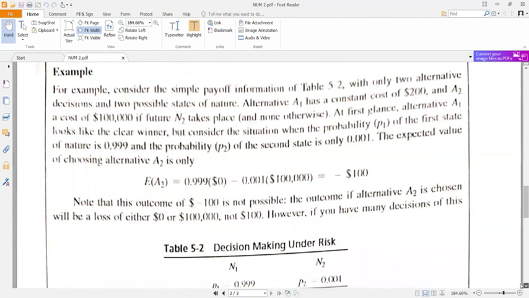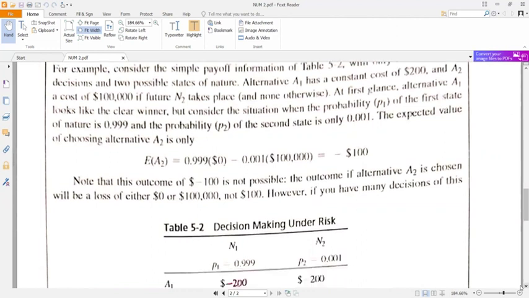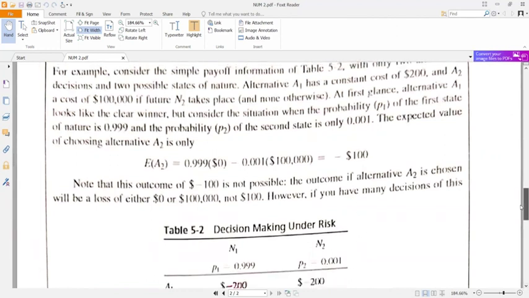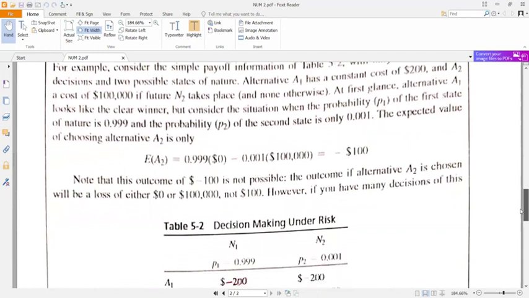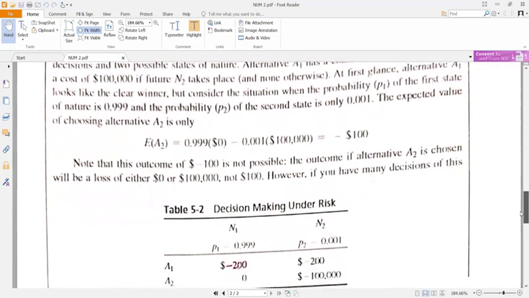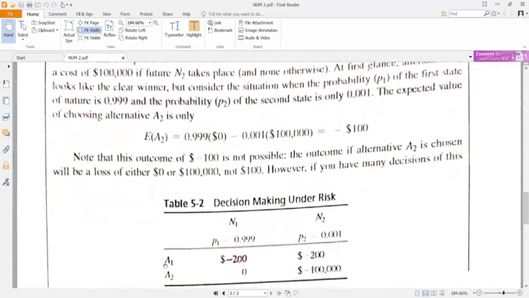We have the problem here, for example, consider the simple payoff information given in this table with only two alternative decisions and two possible states of nature. Now the alternatives can be more than two, like 3 and 4, and along with that the number of alternatives we have, we have the states of nature also.